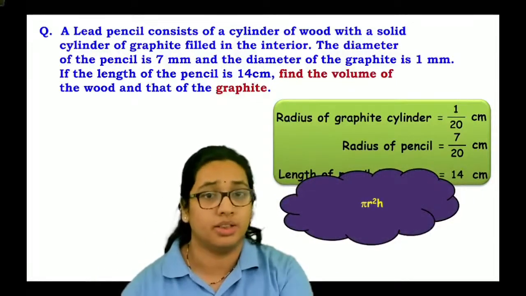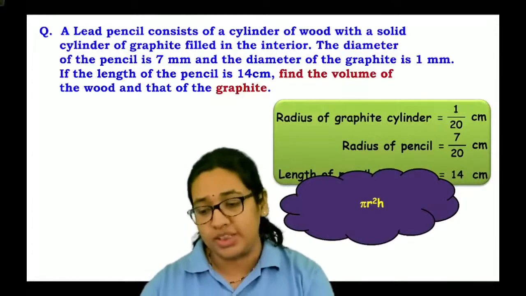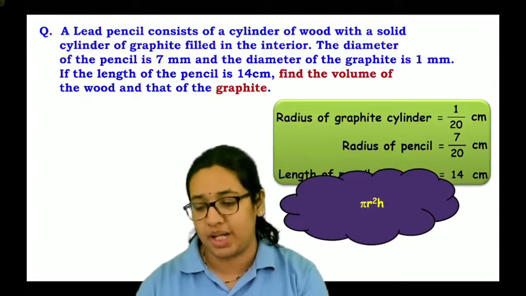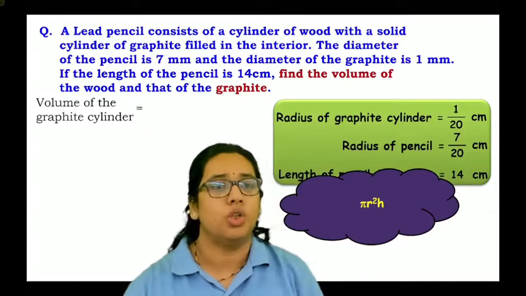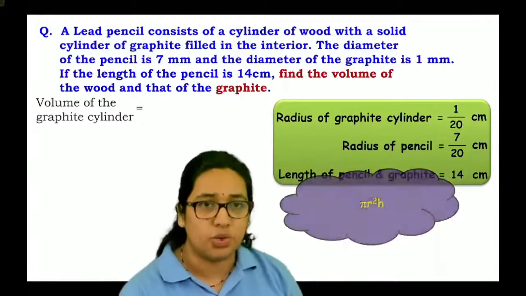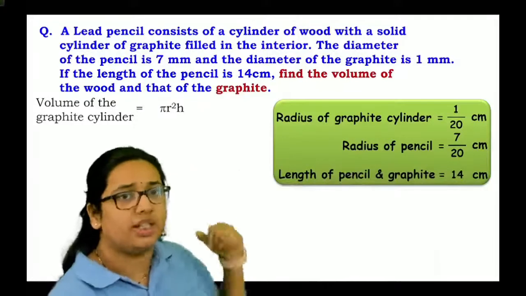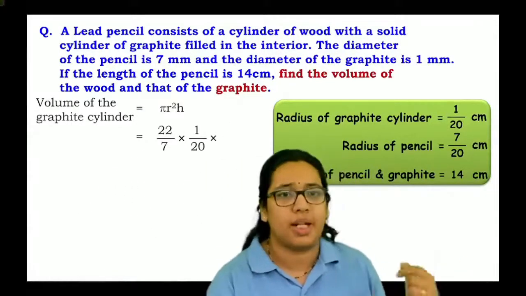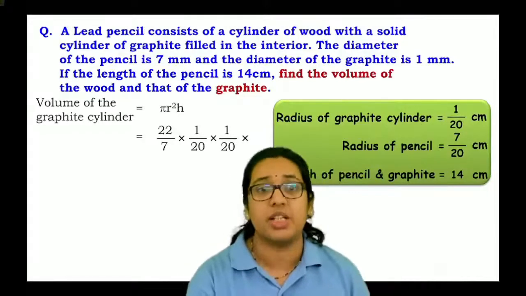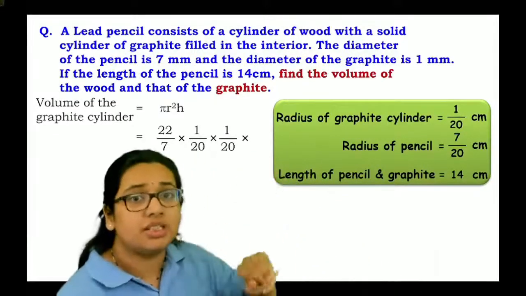We know that the volume of a cylinder is pi r square h, correct. So the volume of the graphite cylinder equals pi r square h, which you have to use. But we know that pi is nothing but 22/7. So what will be the radius here?